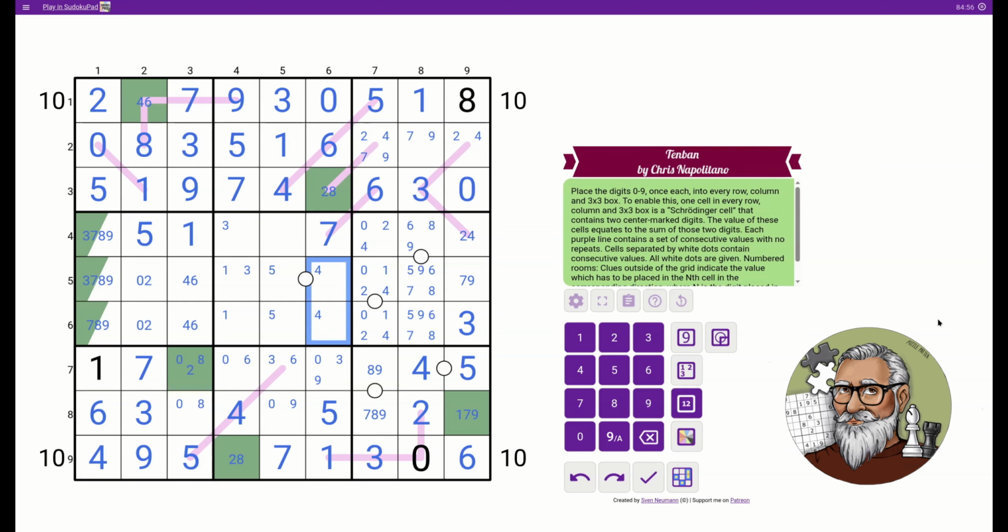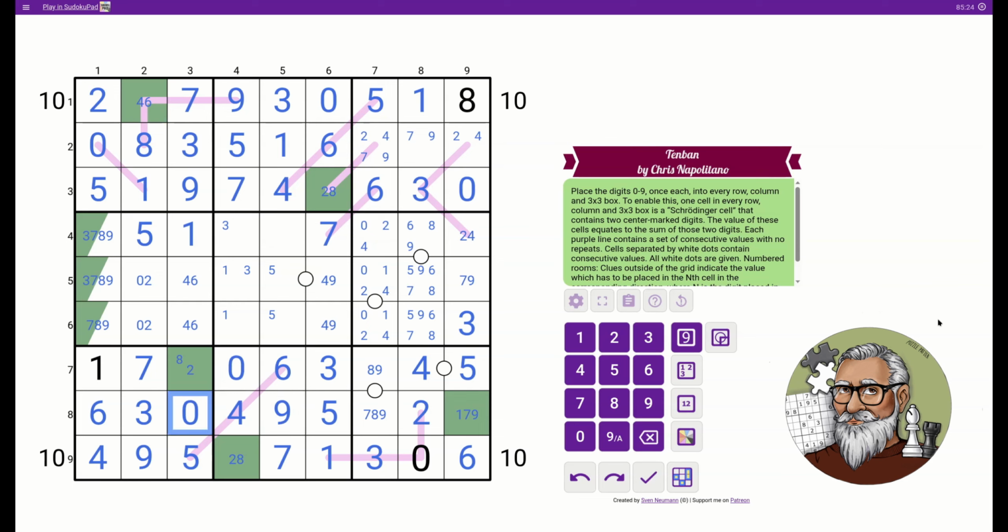I can't have 3 here anymore because this is green, so this has to be 3. That helps because 3, 4 are not allowed. So this becomes from 4 and 9. Right, and this isn't 3 anymore, so it's 6, 9, 0.